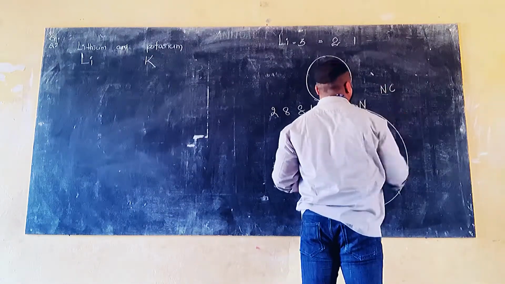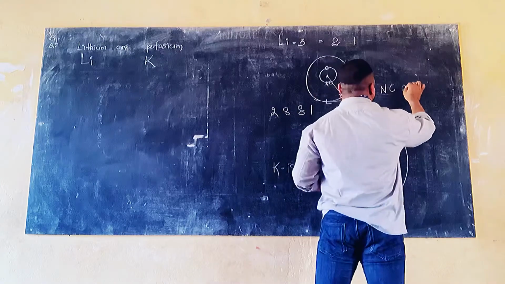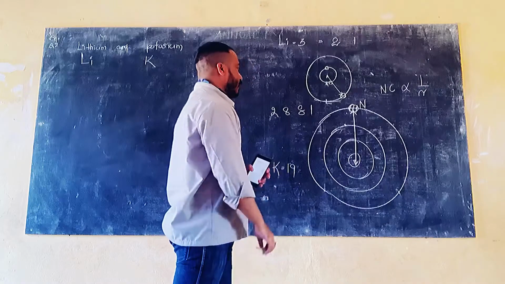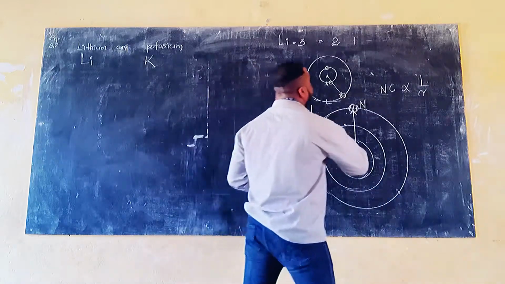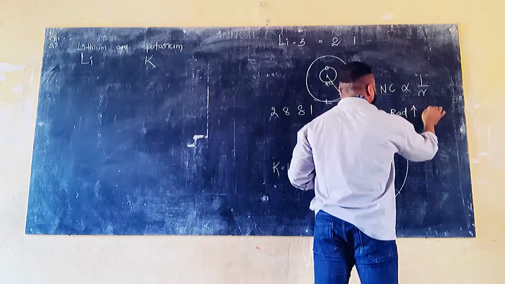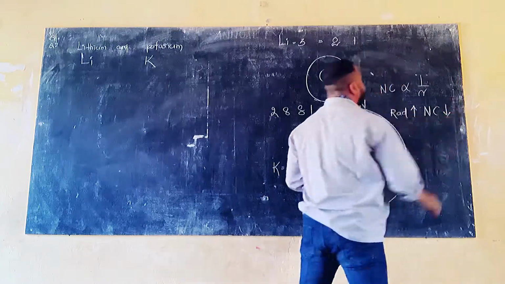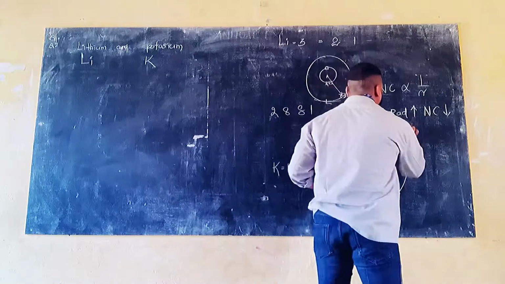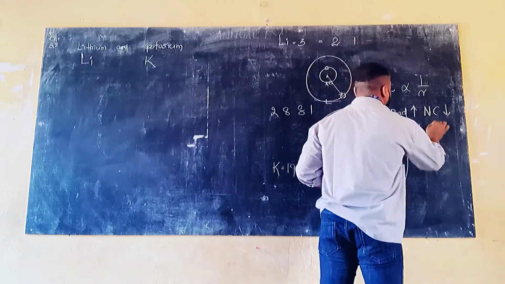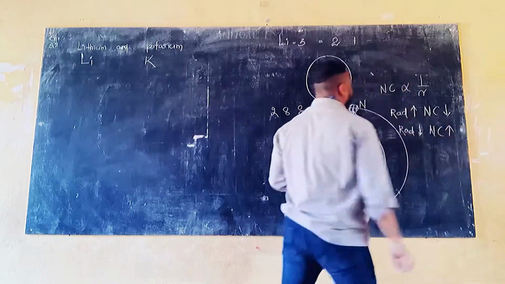Nuclear charge, Nc, is inversely proportional to the radius. Done. It means that if the radius increases, then nuclear charge will decrease, and if the radius decreases, then nuclear charge will increase.